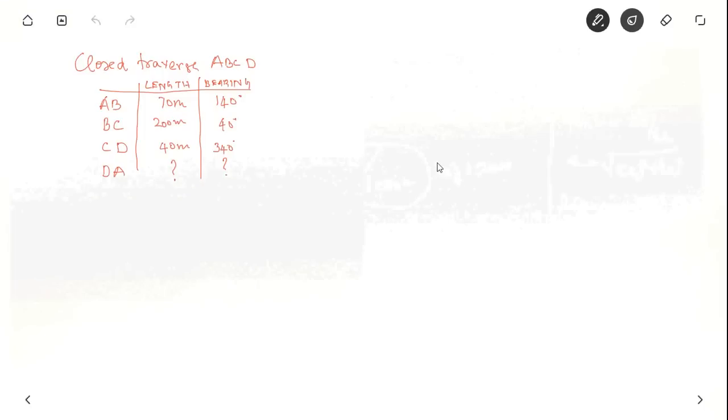Now let us solve one more question. They are telling there is a closed traverse A, B, C, D, and they have given the length of each line AB, BC, CD and bearing of AB, BC, CD. Here they have used whole circle bearing.